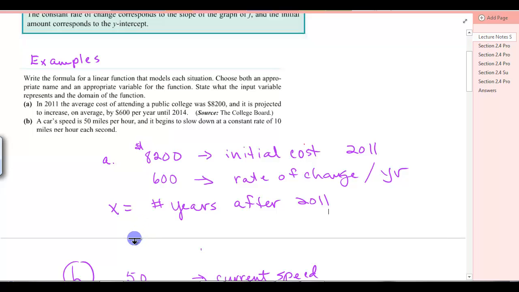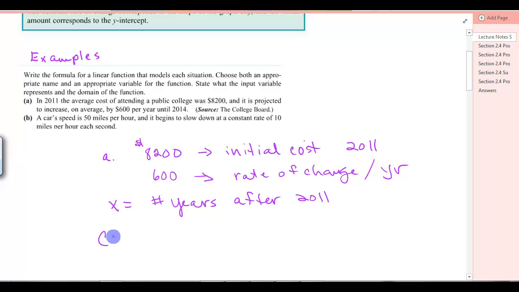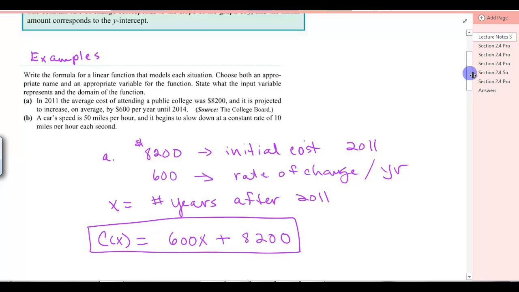Okay, so let's call that C of x. The cost is going to change $600 every year. So 600x plus, we already have that initial cost that was there in 2011. And so that would be modeling what we're told in that paragraph.